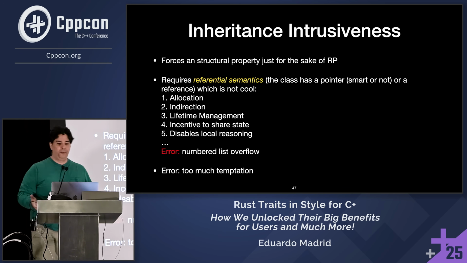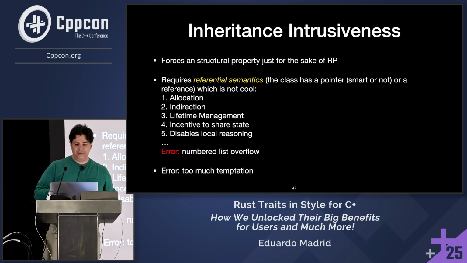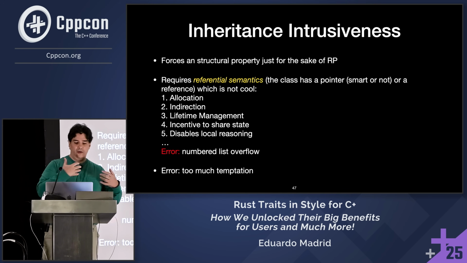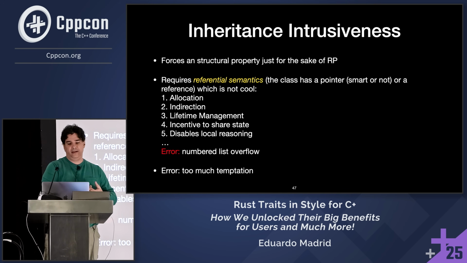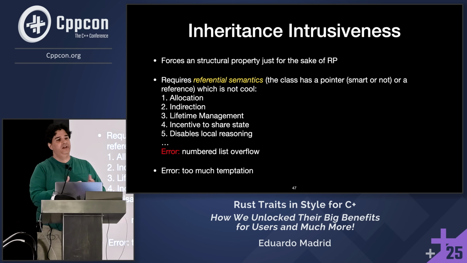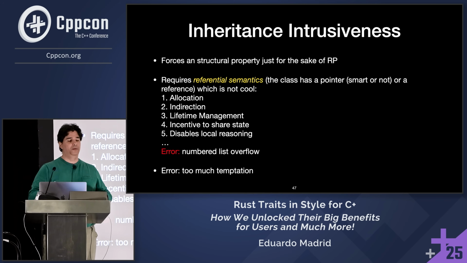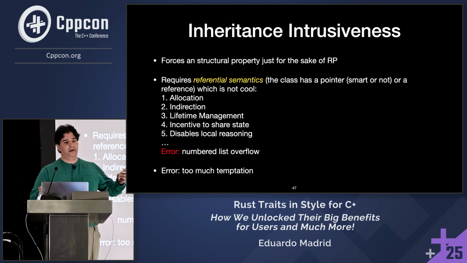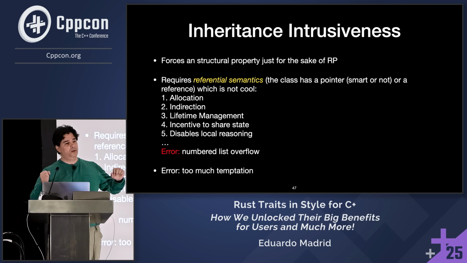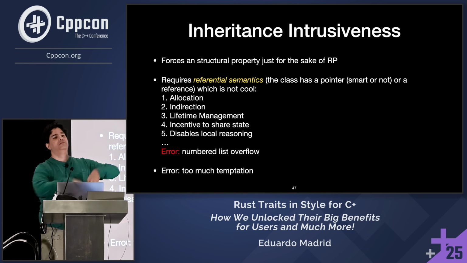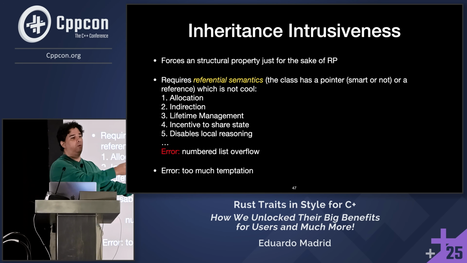And another problem is the inheritance, the intrusive nature of inheritance. Number one, it forces a structural property just for the sake of infusing something with runtime polymorphism. And I think that is not an acceptable thing to do, because the structural property of inheritance is to describe a relation of is-a, not can-do what this interface requires.